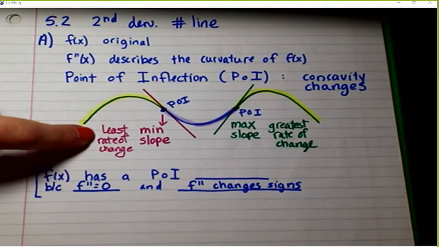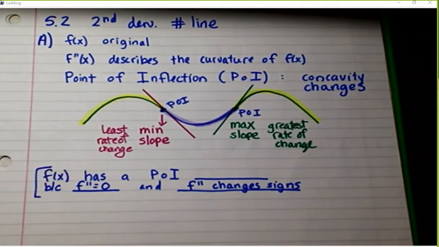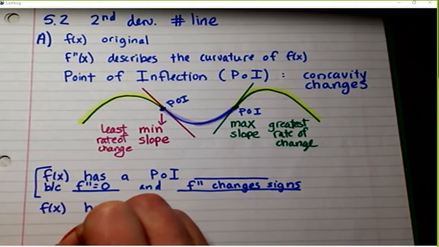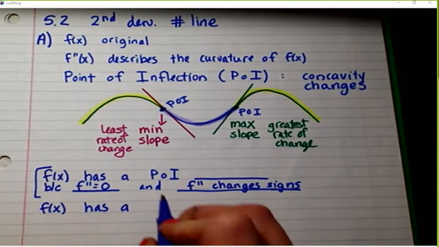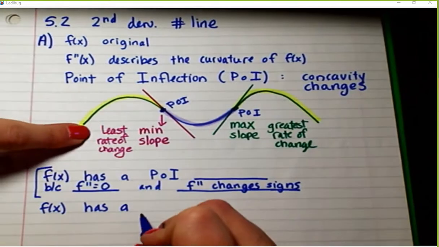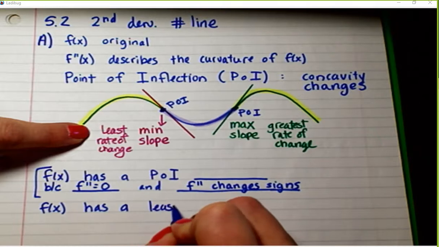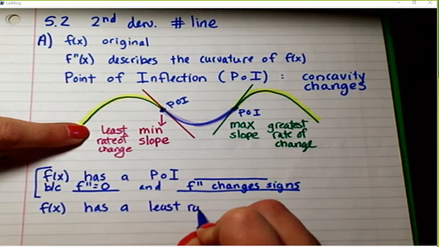Now we're going to do the sentence for the pink and the green. Little bit trickier. F of x has a, I'll do this one first, least rate.